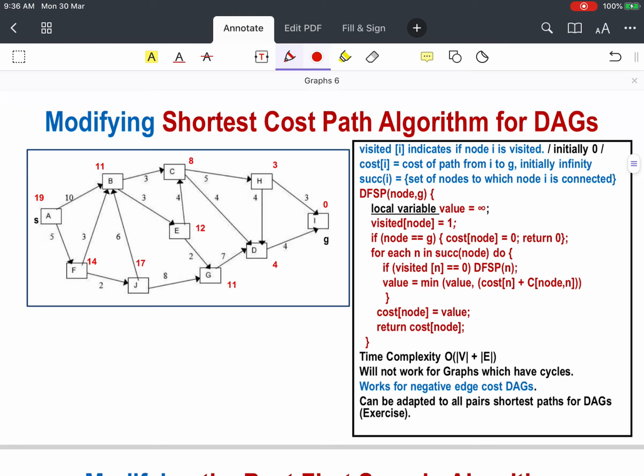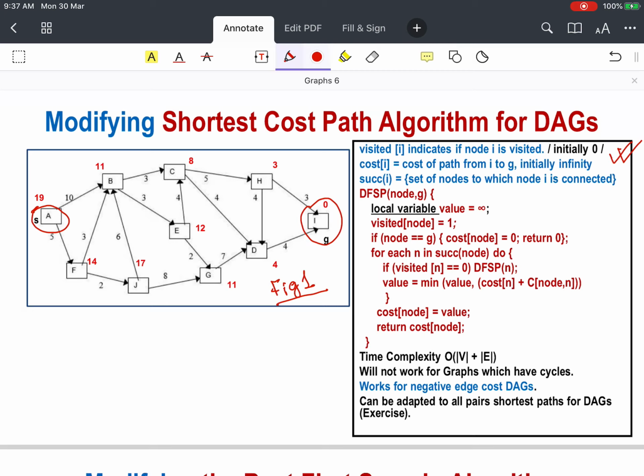The first algorithm that we come to is the directed acyclic graphs. As you can see in this figure 1, this is a directed acyclic graph. And in the last lecture, this is the algorithm that we did to find the shortest cost path from this node A, which was S, to G to I, which was the goal.